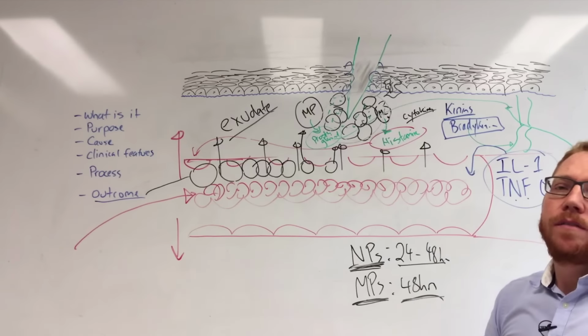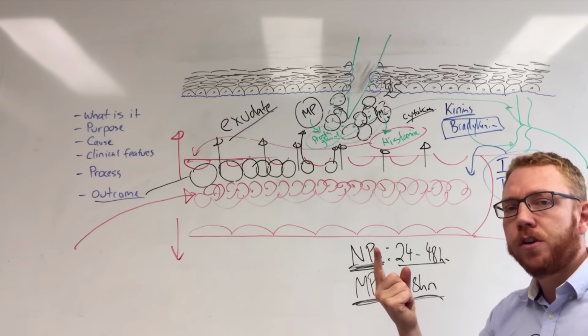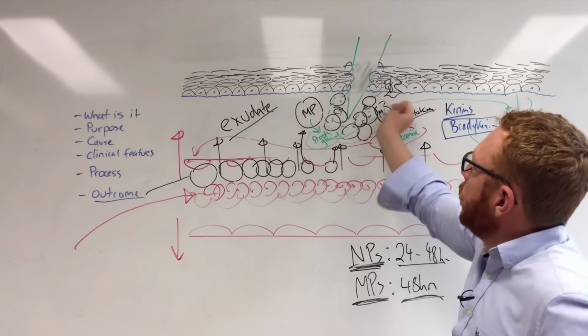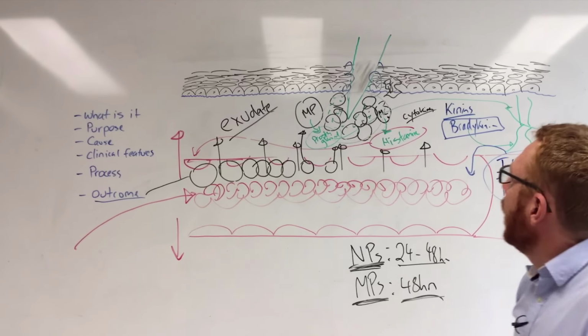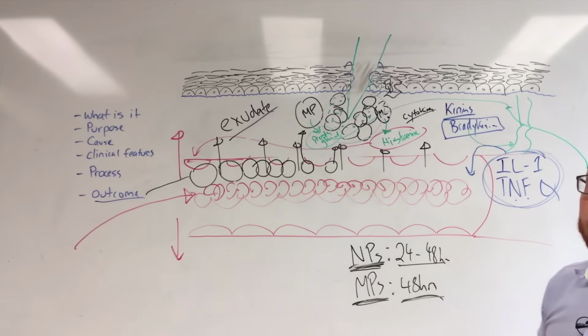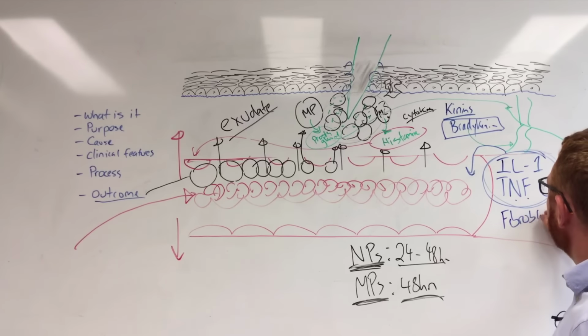The outcome of acute inflammation is three. There's either a complete resolution, which means the agent gets taken away, neutralized and removed, and the skin gets closed up. Another thing that I forgot to mention is that these chemicals are also important for activating fibroblasts.